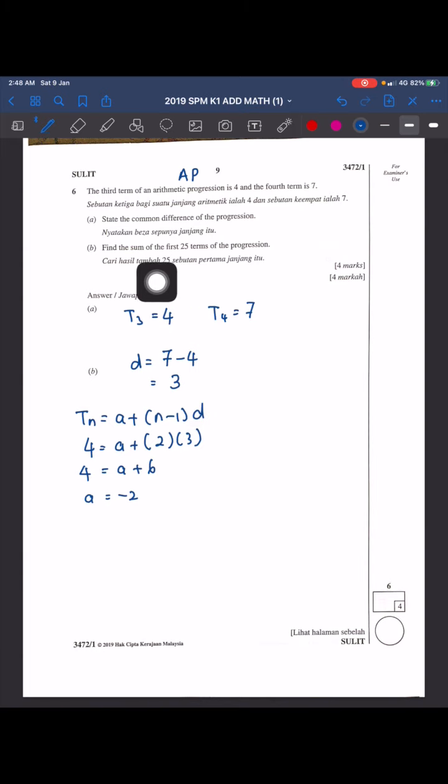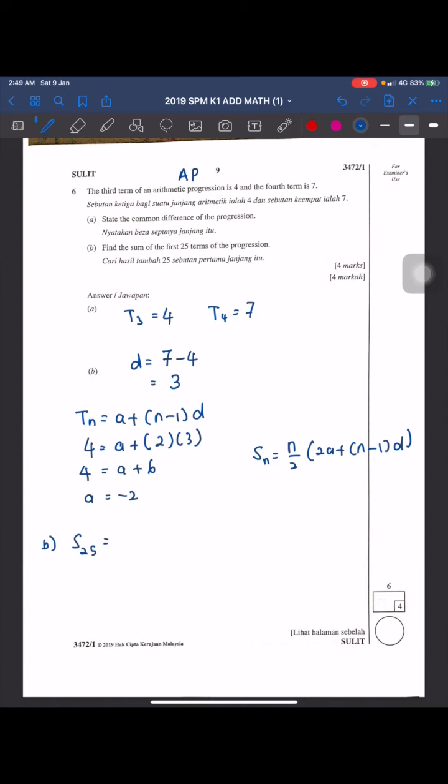Okay, so the question, dia nak find the sum of the first 25 term. Okay, so S25. Okay. So kita masukkan dalam rumus. Okay, so ingat lagi tak rumus? Sn. Okay, Sn is equals to n over 2 times 2a plus n minus 1 d.